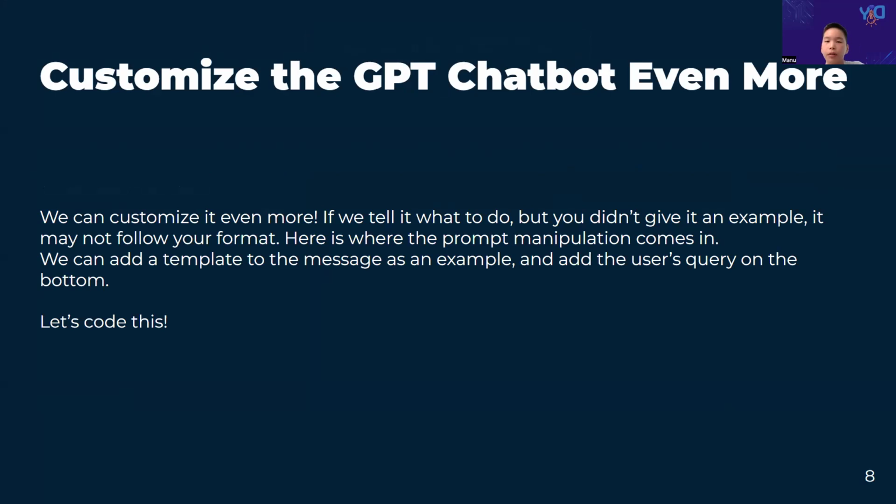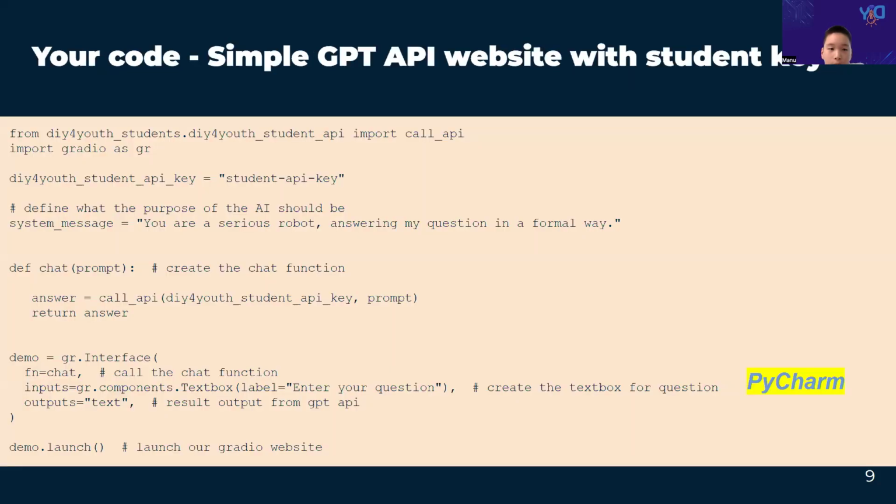If you don't give an example to the GPT, it may not always follow a format and might give a different response every single time. To fix that, we need to add the prompt template, which is basically the format. Okay, now let's code this.